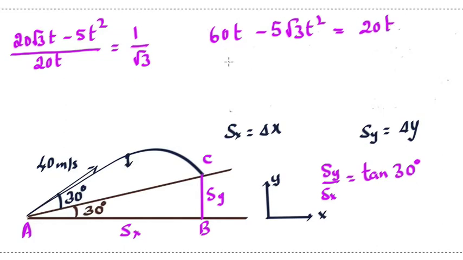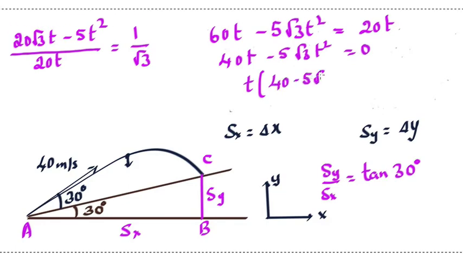If I bring 20t this side, this becomes 40t minus 5 root 3 t squared is equal to 0. And if I take t outside, I get t times (40 minus 5 root 3 t) is 0. And the two answers I get are t equal to 0 and t is equal to 8 by root 3 seconds.